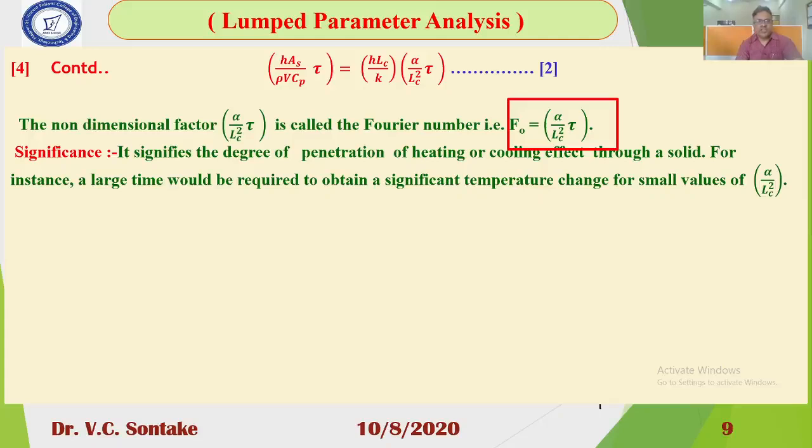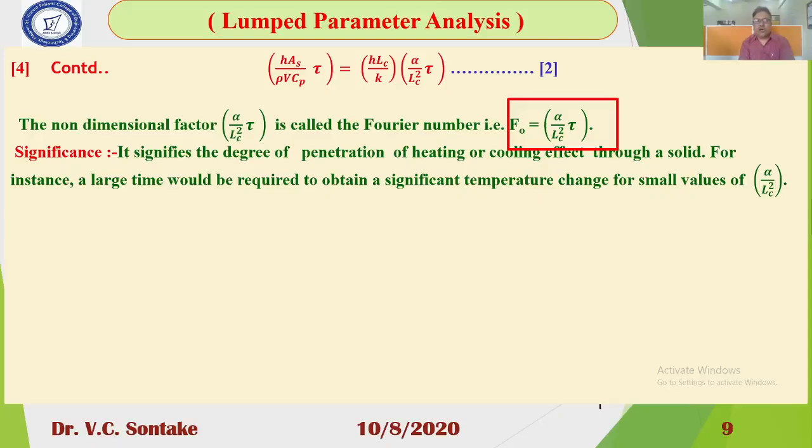For instance, a large time would be required to obtain a significant temperature change for a small value of alpha over Lc square. If the value of Fourier number is very large, that means the body will require sufficiently longer time to change its temperature significantly with respect to the temperature of the surrounding.